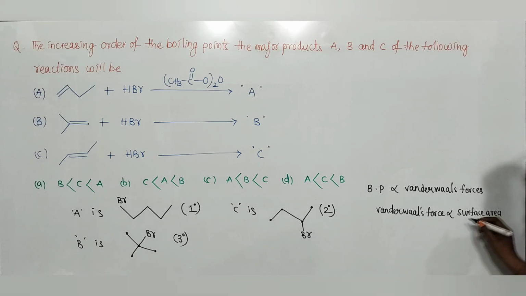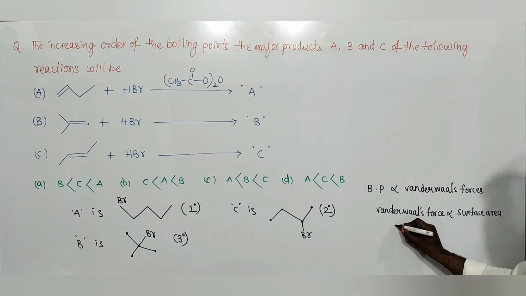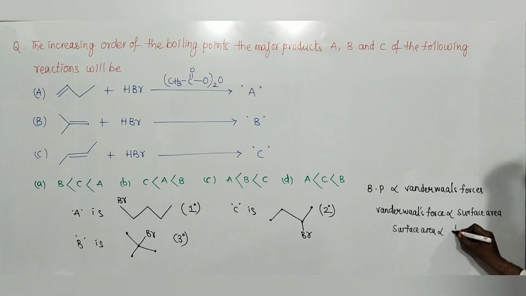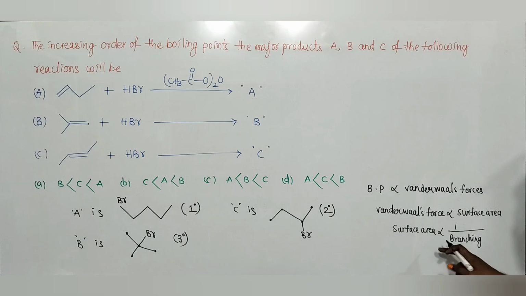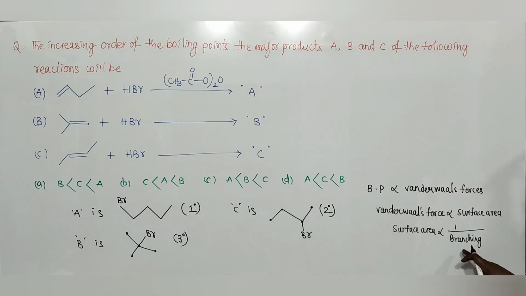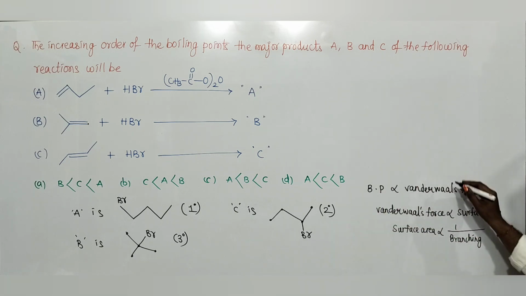Surface area is inversely proportional to branches. That means as branching increases, surface area decreases, van der Waals forces decrease, boiling point decreases.